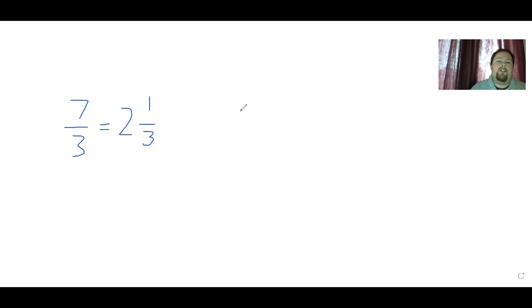Let's try another one. So let's say we've got 16 over 5. Again, we say, how many times does 5 go into 16? Goes in there 3 times, because 5 times 3 is 15, and we can't go any higher.